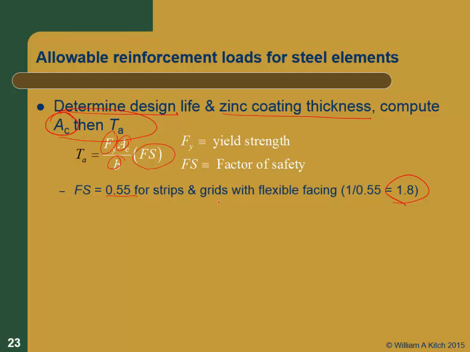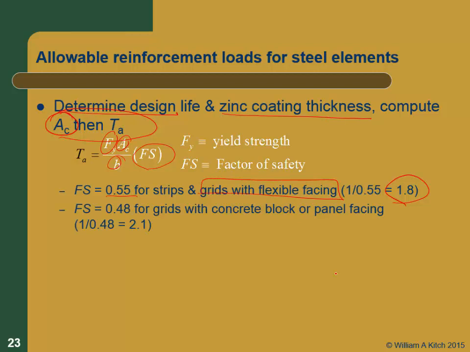By the way, note real carefully, this is for grids that are used with flexible facing. We'll talk about the issues there in a minute. When grids are connected with concrete blocks or panel facing, we use a lower FS, or a higher factor of safety. This is because there have been a lot of failures of these.